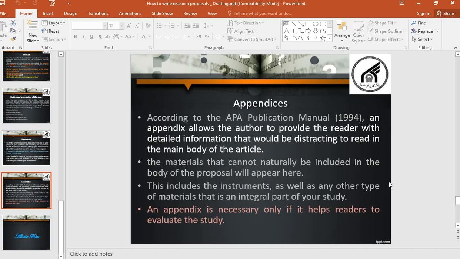So you present it in the last part of your proposal, which is called the appendix. Appendix is the singular noun, and the plural form is appendices. According to the APA Publication Manual, an appendix allows the author to provide the reader with detailed information that would be distracting to read in the main body. You know, they would be distracting.